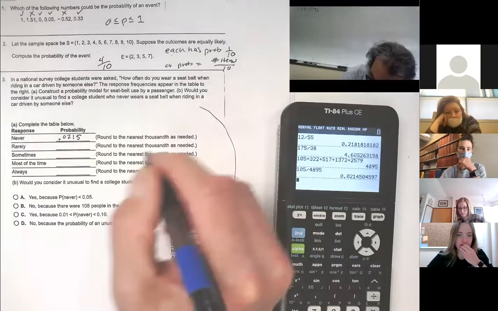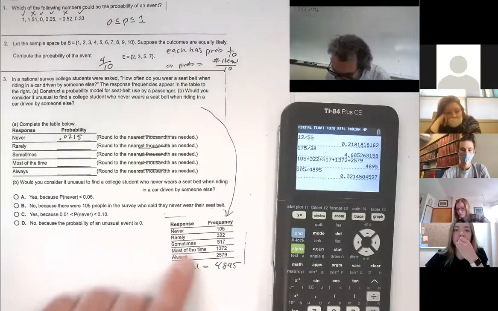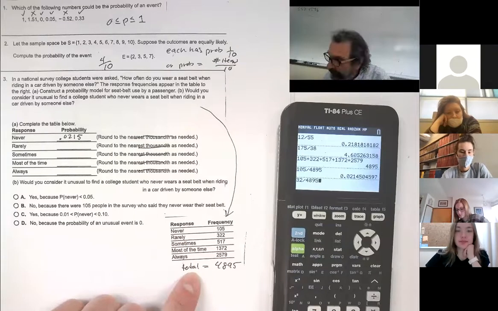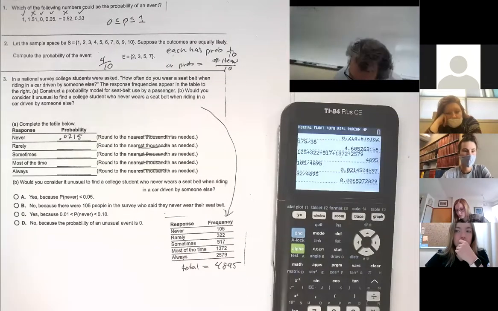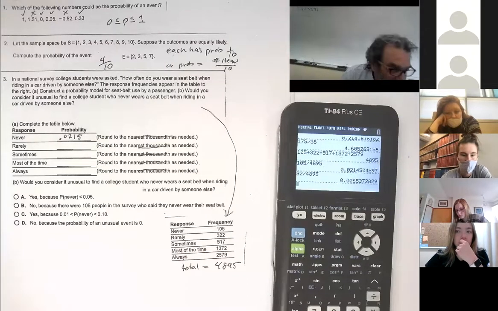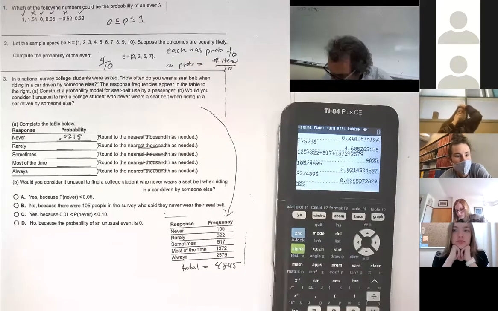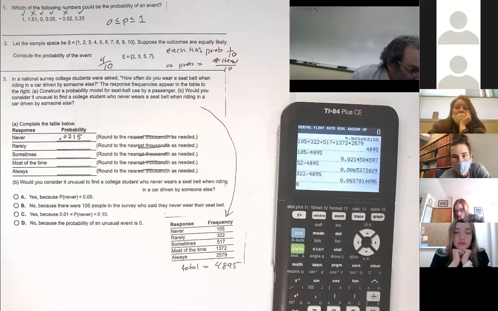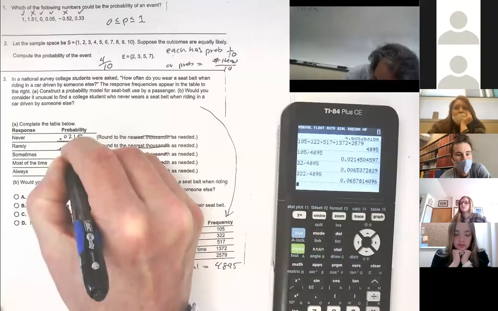And then rarely, 322 divided by 4895. Oh, the 322 didn't register the first time. 322 divided by 4895. Okay, I looked at that and it was smaller than 0.02, so 0.0658.